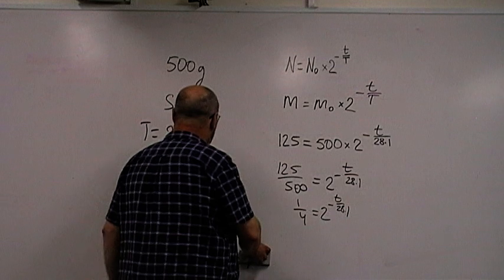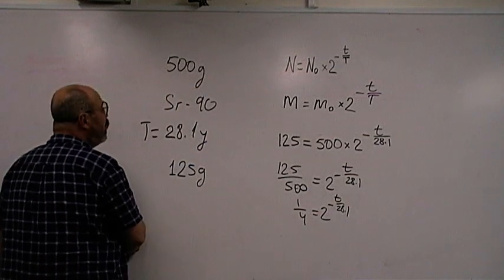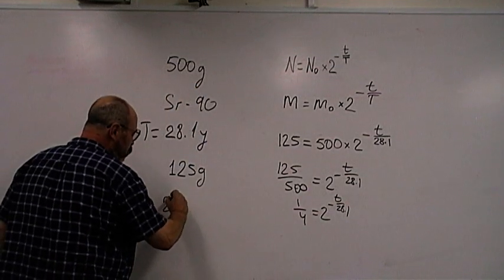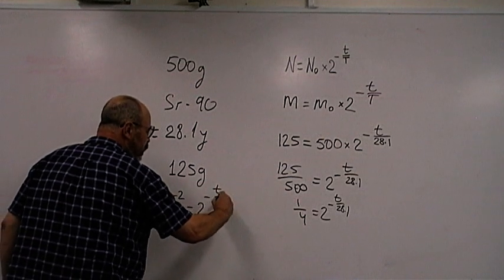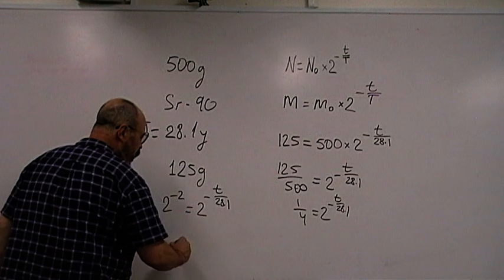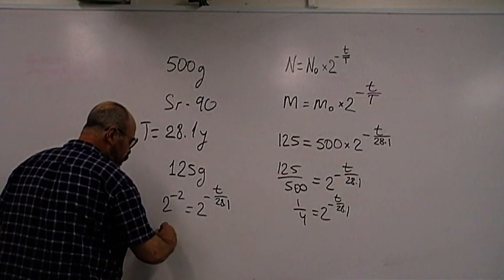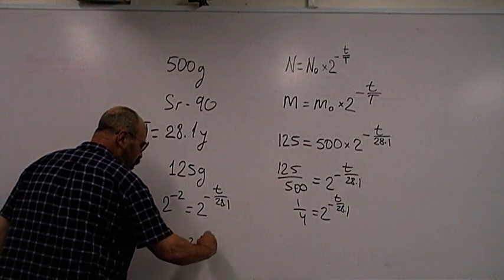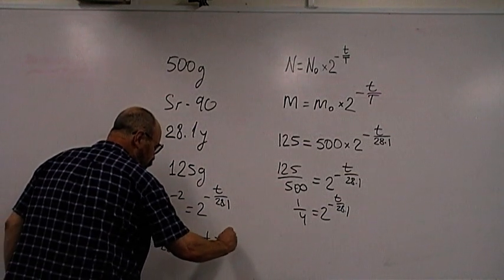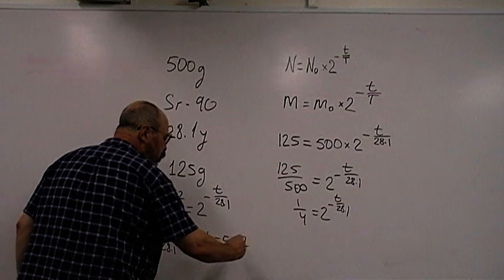So we have 2 to the negative 2 equals 2 to the negative t over 28.1. So t over 28.1 equals 2, and t equals 56.2.